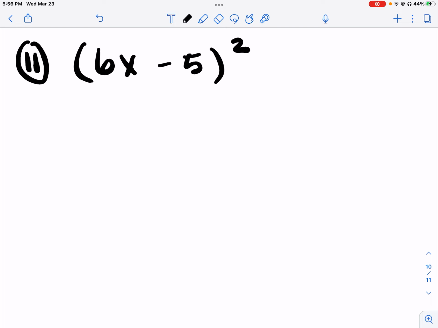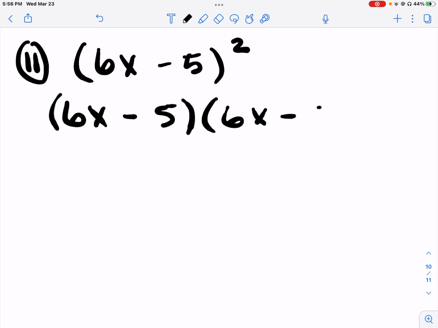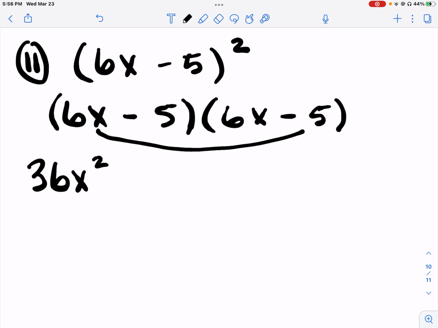Number 11, same thing, times itself. 6x times 6x, we're doing FOIL again. 6x times negative 5. Negative 5 times 6x.